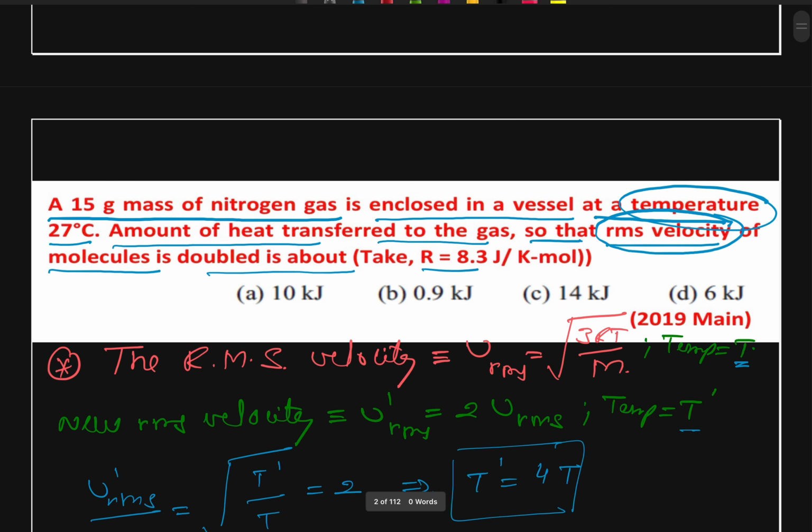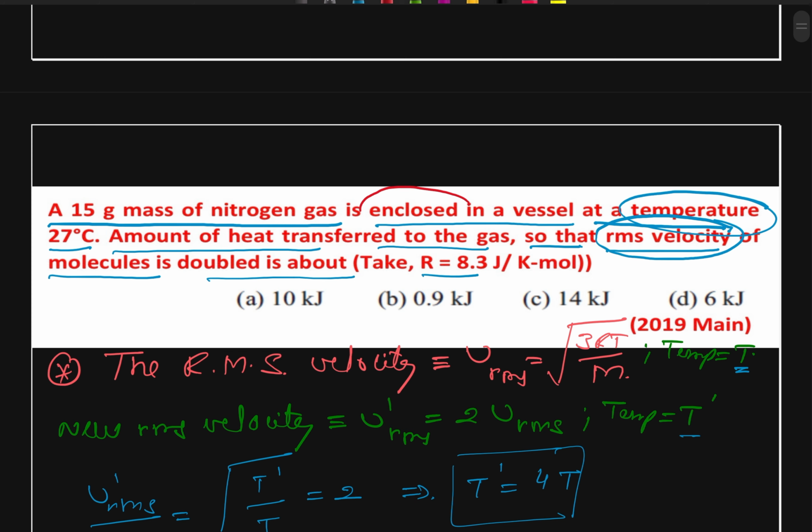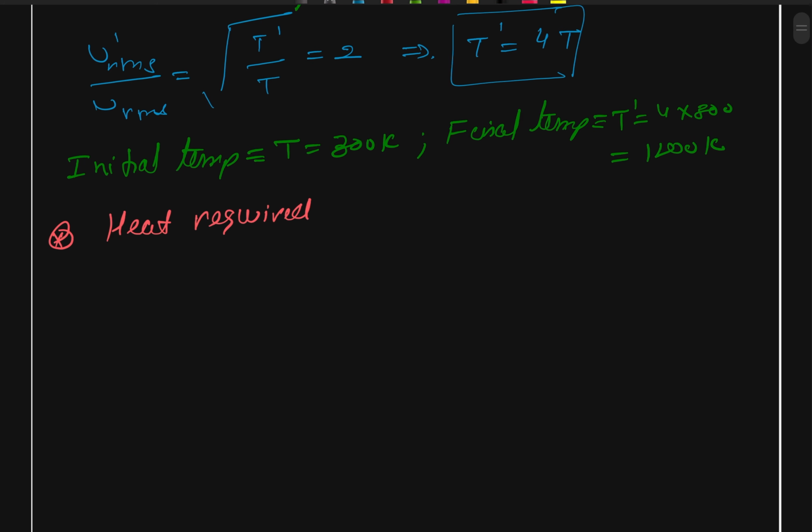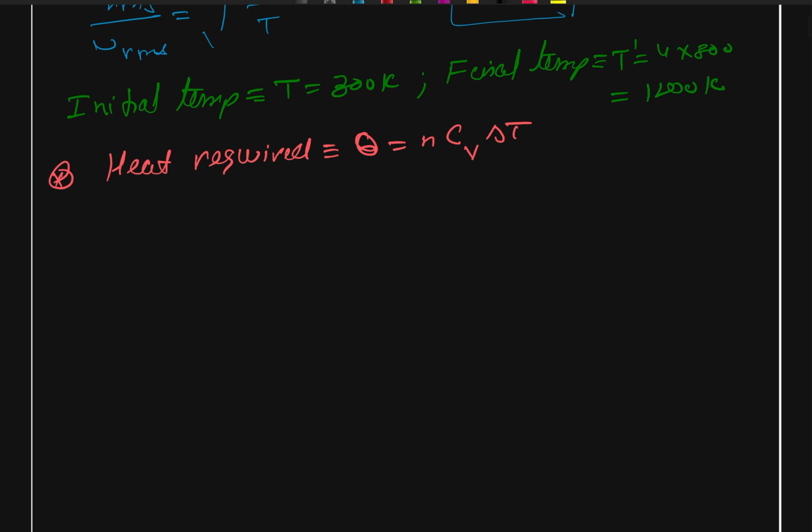because we have an enclosed vessel, so there will be a constant volume. Therefore we can say heat required, that is our Q, will be equal to n Cv multiplied by delta T. Okay, where n is our number of moles which we can calculate.